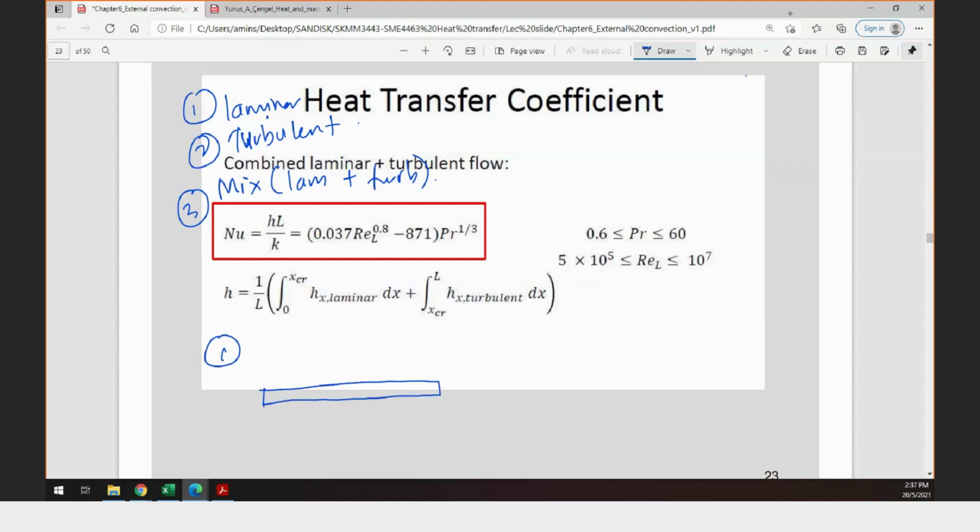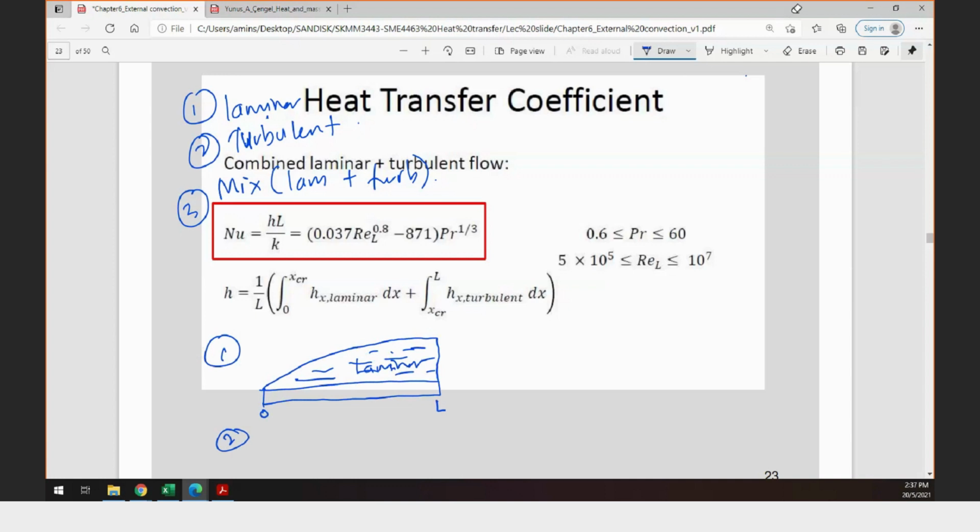You may say that when you calculate the Reynolds number from 0 to this L value, the whole flow is in the laminar profile, until the end of the plate it is still laminar. Number 2, turbulent.